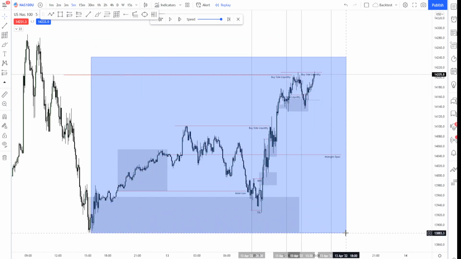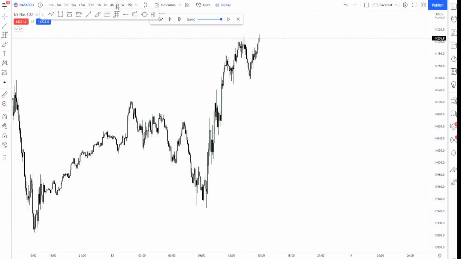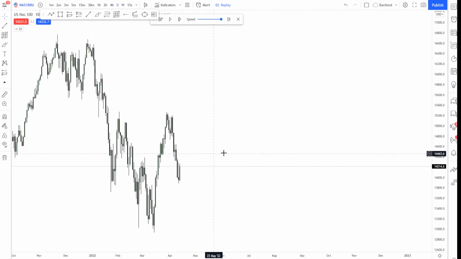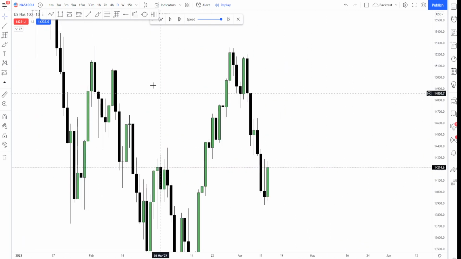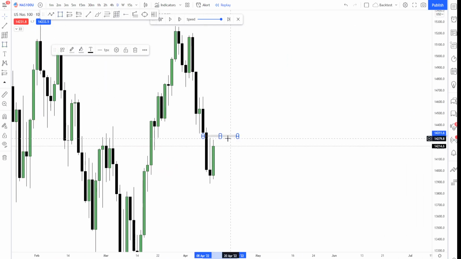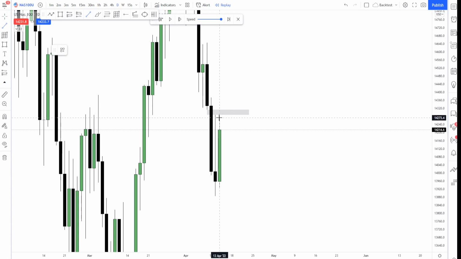All right, so let me just clear all this, and I'm going to be talking about where I think price will go for tomorrow's session. So for tomorrow, on the daily chart I'm looking for price to come into this daily fair value gap right here, looking for price to take out previous day highs.